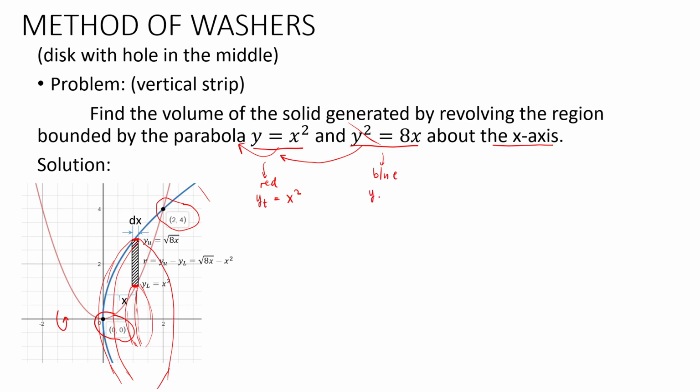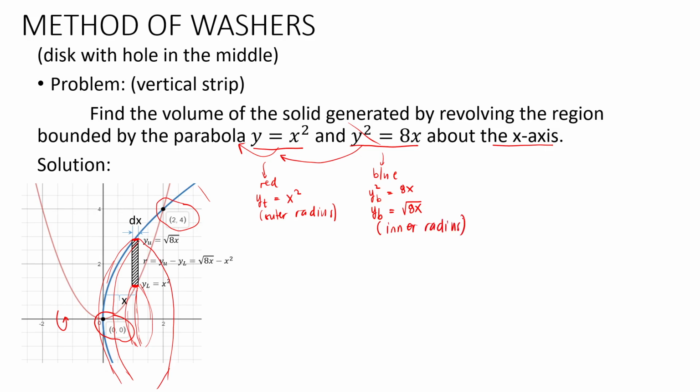This becomes y bottom squared equals 8x. Then further simplifying, this becomes y bottom equals square root of 8x. So your y top becomes the outer radius, and the y bottom becomes the inner radius.